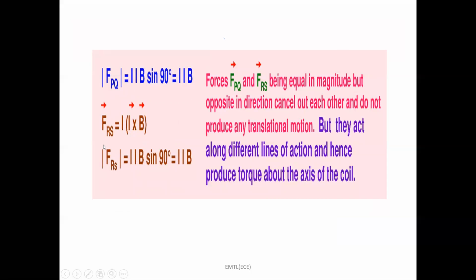In a similar manner, on side RS also the force is IL cross B, which is equal to ILB sin 90 degrees. Sin 90 value is 1, so ILB. By observing these two values, the forces experienced by sides PQ and RS are equal in magnitude but opposite in direction, so they cancel each other and do not produce any translational motion.